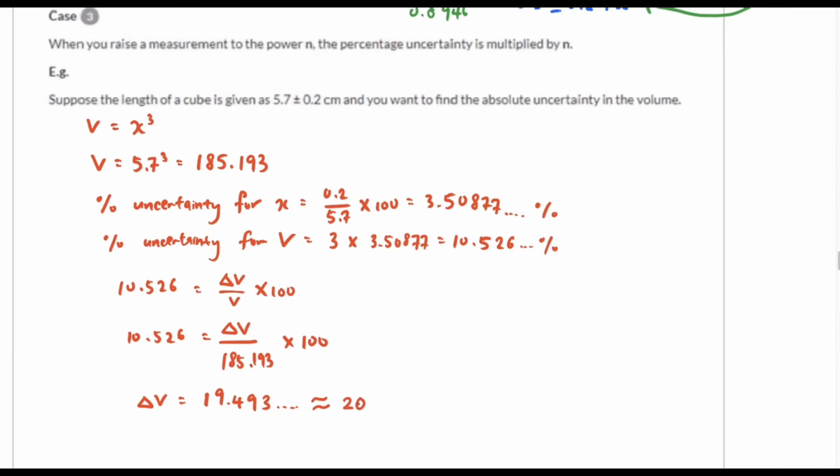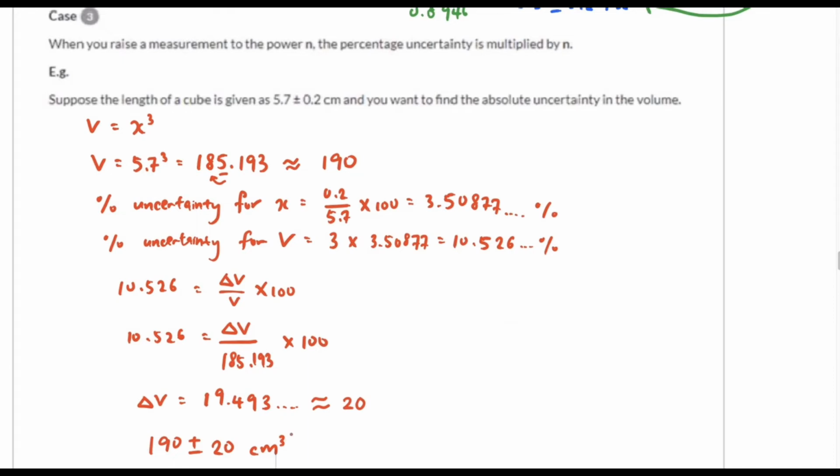Then for the volume, we need to round off to the nearest 10 as well, so 190. So at the end, 190 plus minus 20 cm cubed.